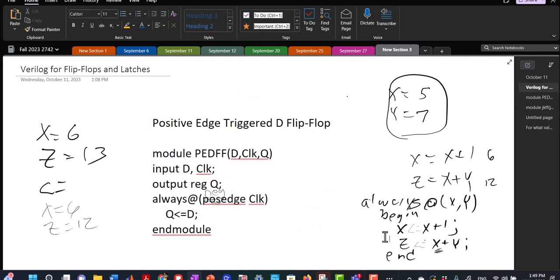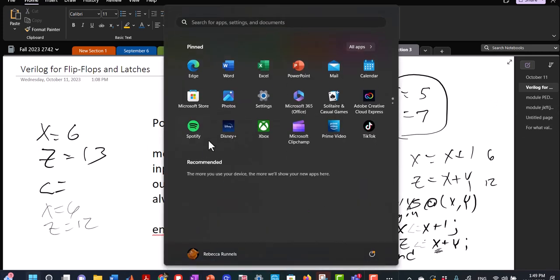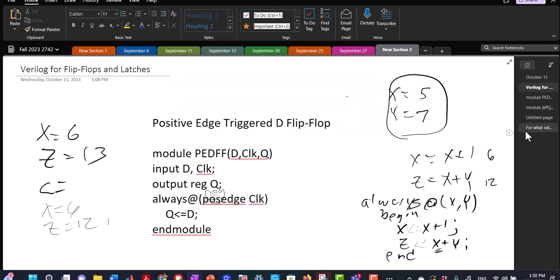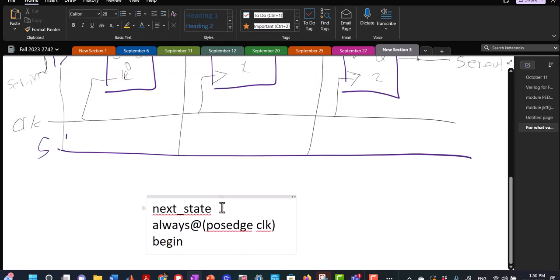I can never remember. So it'd be reg next reg. Oh, why don't I just do 3 values? That's right, 3 values.